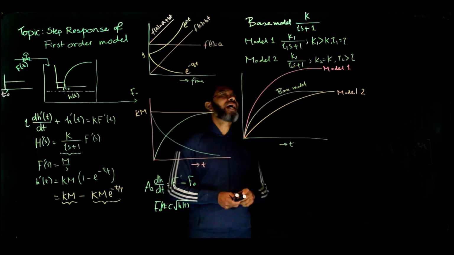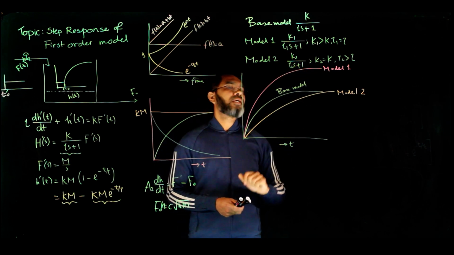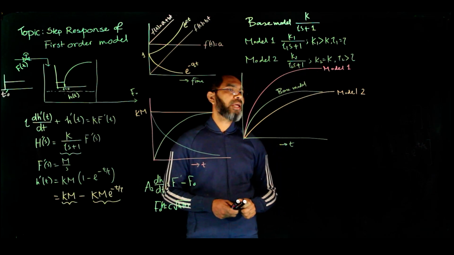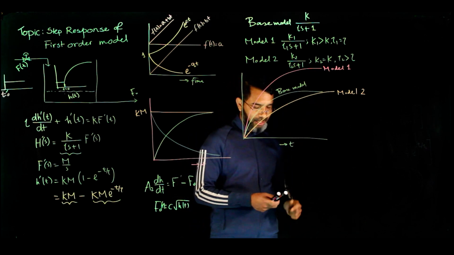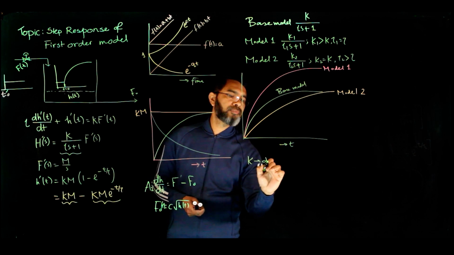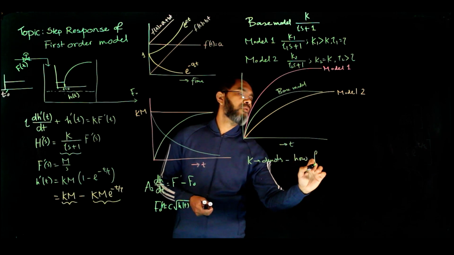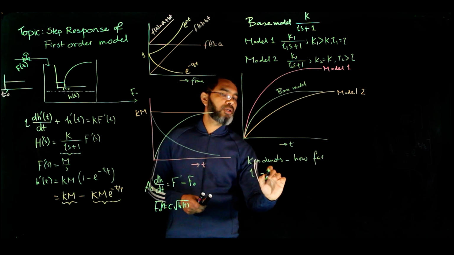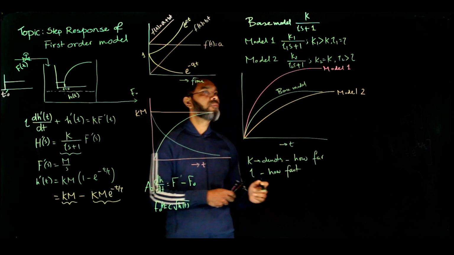Now what does it tell you? That if k is greater, the curve will go further up. Okay. However, if tau is greater, the curve will become flatter. What it simply means is that the k term denotes how far the response will go, and the tau term denotes how fast the response will move.